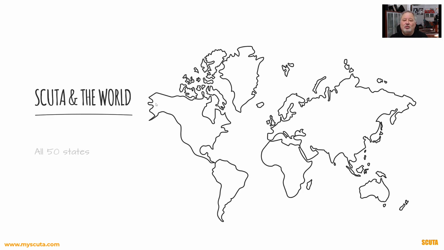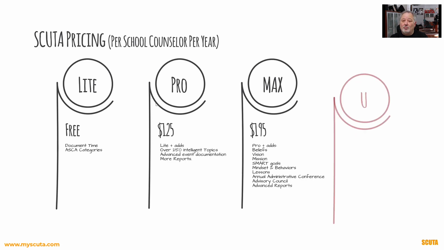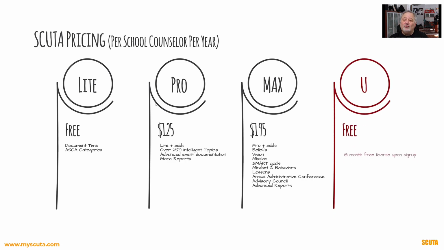SCUTA is available globally, and it's being used in all 50 states, in 41 universities, and 64 different countries. The pricing of SCUTA is: the Lite is free, Pro is $125 per school counselor per year, Max is $195 per school counselor per year. But more importantly for you, for SCUTA University, for the universities and for the university students, SCUTA remains free.